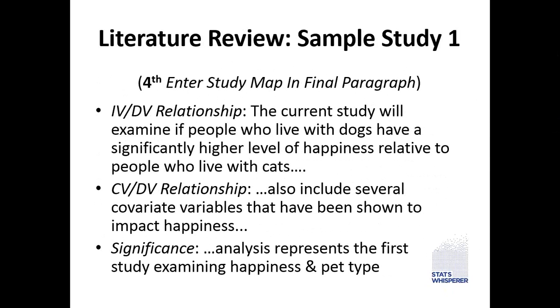So this analysis represents the first study examining happiness of pet type, right? So that makes the reader really feel like, you know, they're reading something valuable, right? It's the first study done on this, and you are reading it, right? So the value really comes through that clear statement, you know, that this is what we're looking at, and it hasn't been looked at before.